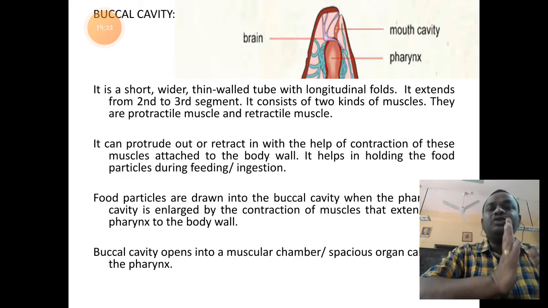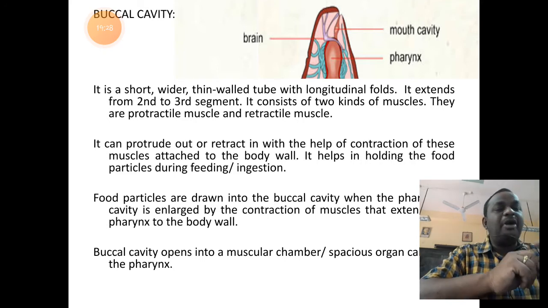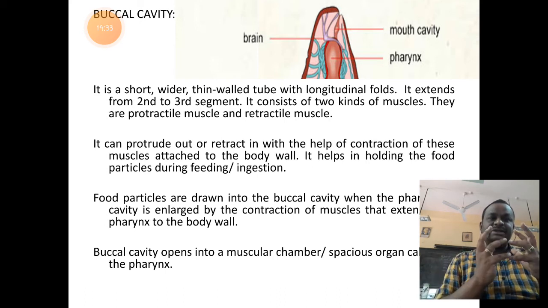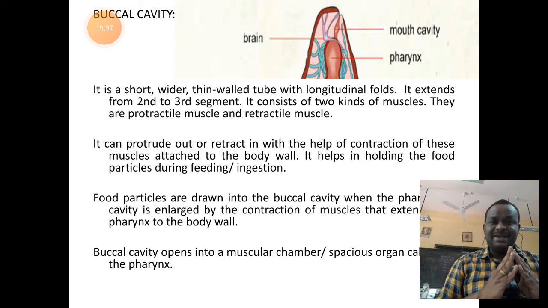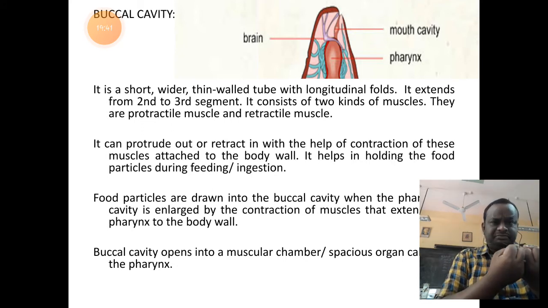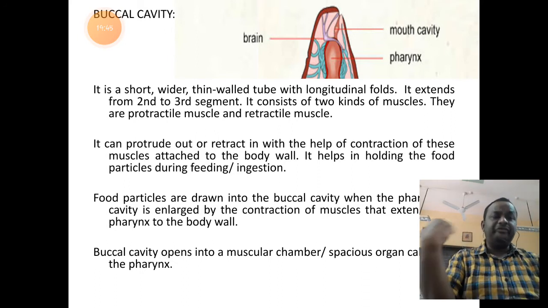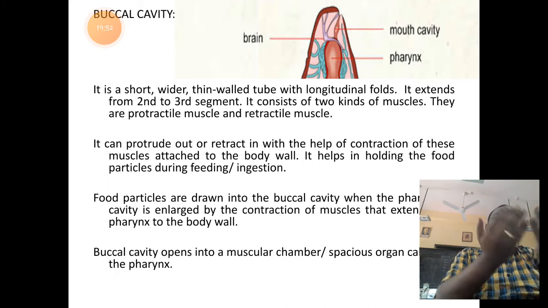Now, this mouth cavity will extend from segment number 2 to 3, and it is made up of two types of muscles, because when it is in the resting stage, the muscles of contraction need to be present so that the folds are seen on the cavity of the mouth. When the food is taken in, they should expand.